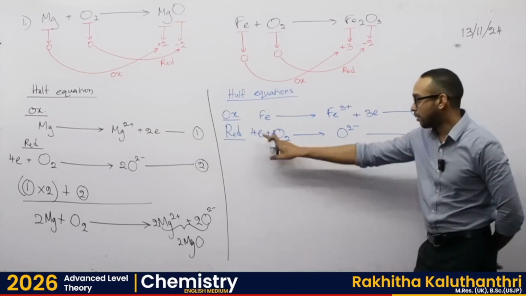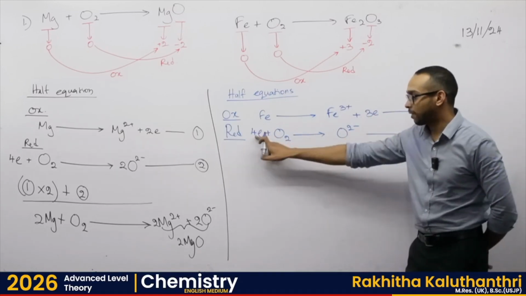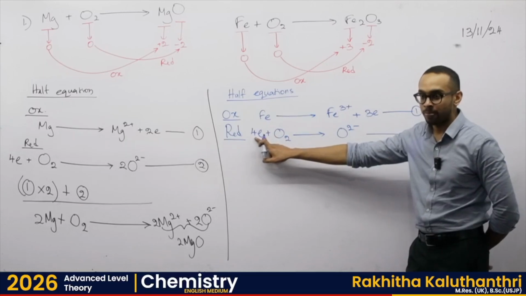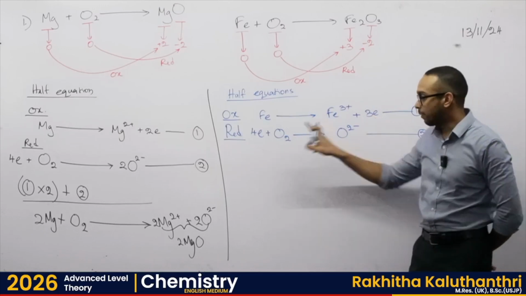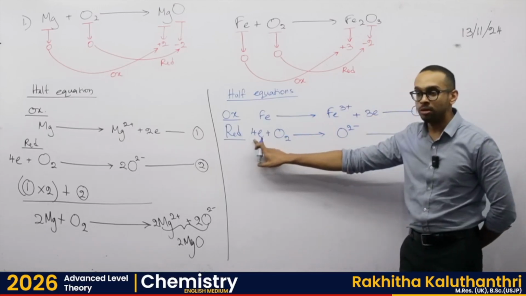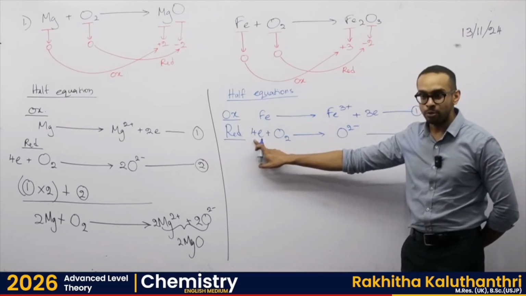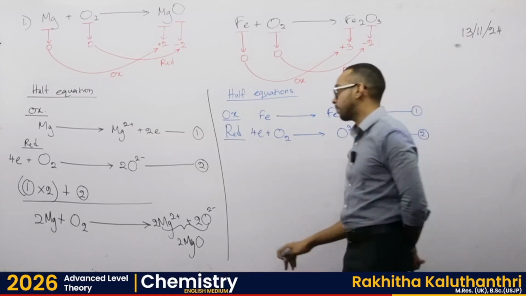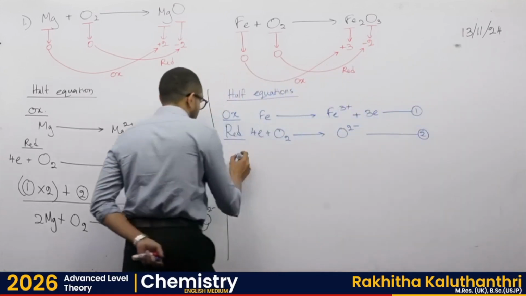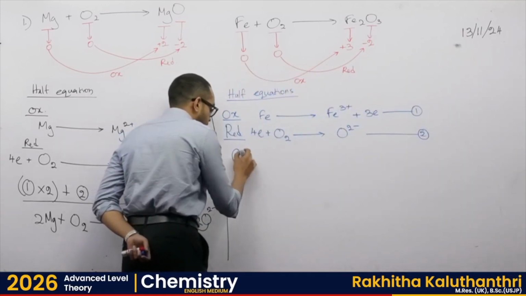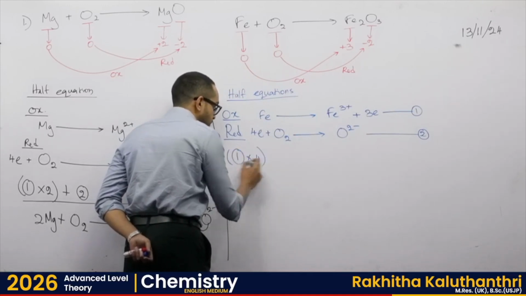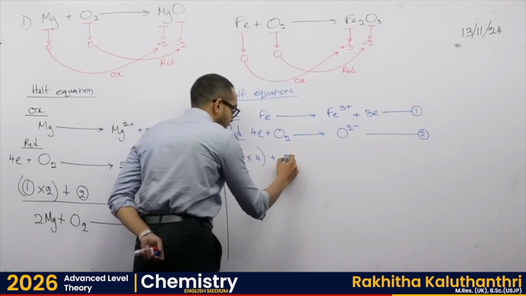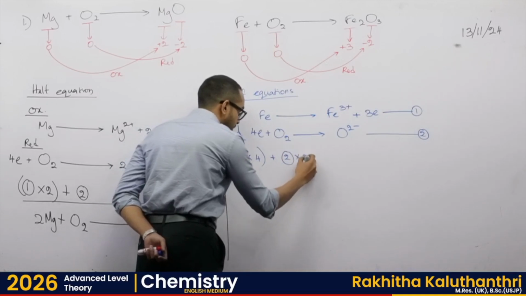You just multiply them by the numbers found in front of them. So if you multiply this by 4, you get to 12. If you multiply this by 3, you get to 12. So the number of electrons become 12 on each side. Therefore, I write the first reaction multiplied by 4, added with the second reaction multiplied by 3.